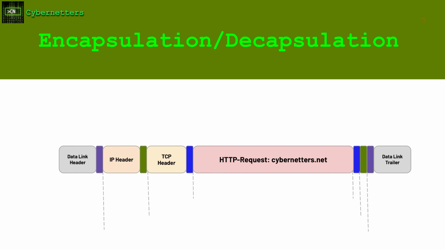So as you can see, based on the metaphor of wrapping layers with the data, each layer wraps the data with its own specific header and sometimes a trailer, and by the time it reaches the physical layer, it is fully encapsulated and ready to be transmitted as electrical signals, light pulses, or radio waves.